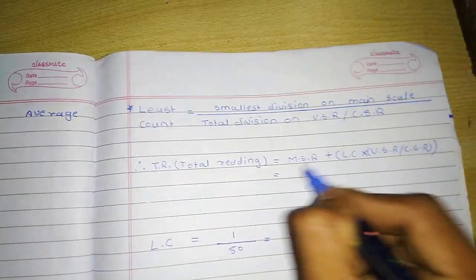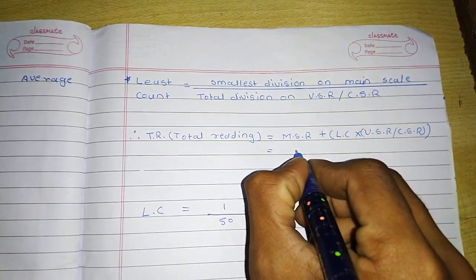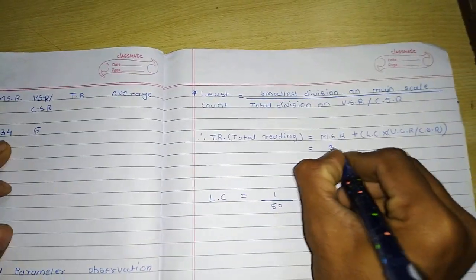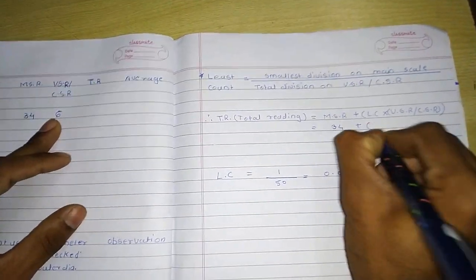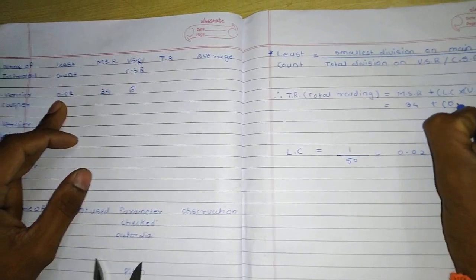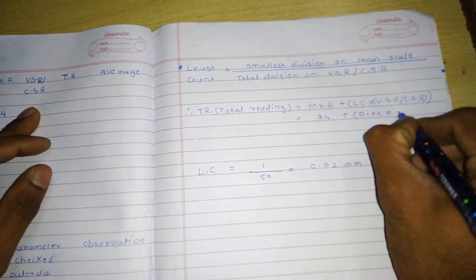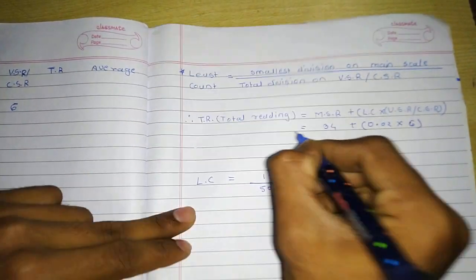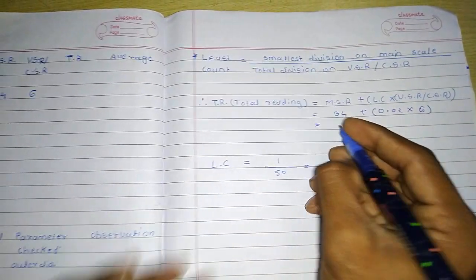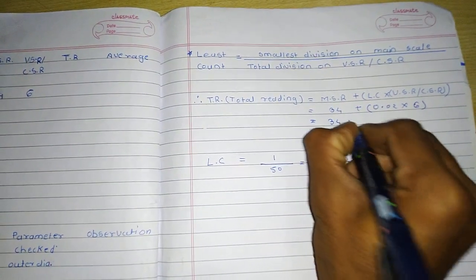Now put in the values: MSR is 34, LC is 0.02, into VSR 6. By calculation, the answer is 34.12 mm.